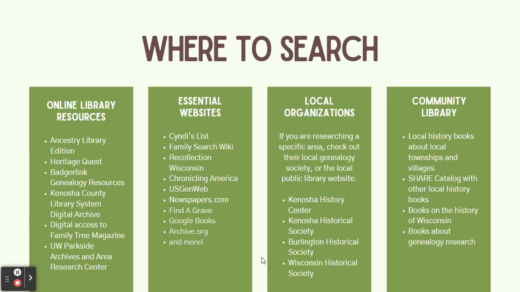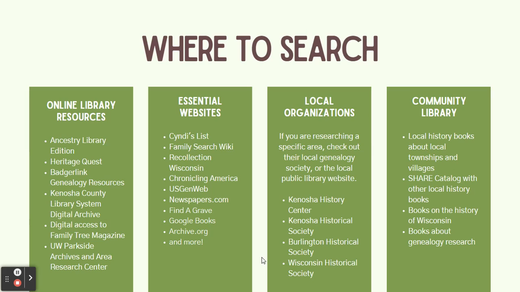Google Books is good to search for county histories, and older books are available on Google Books. There's also archive.org and plenty more. Like I said, I'm not even getting into the tip of the iceberg here, but those are just some that I wanted to highlight.